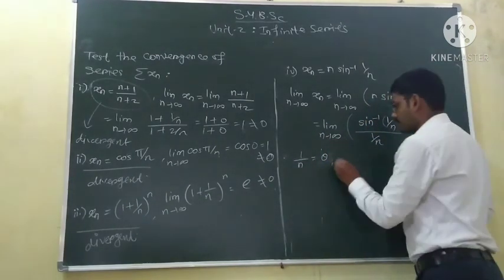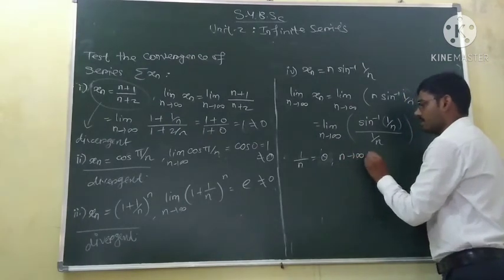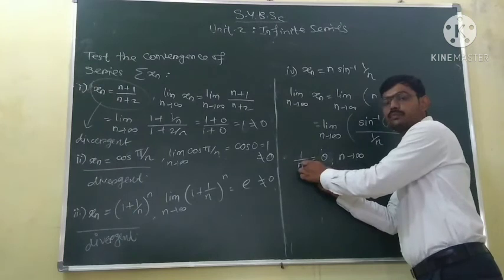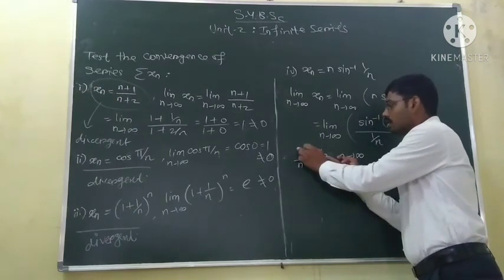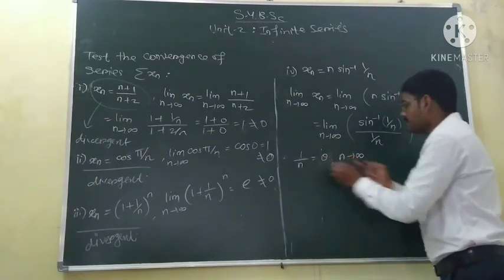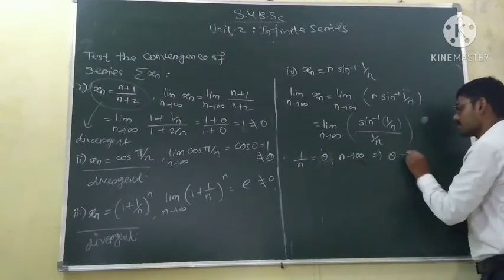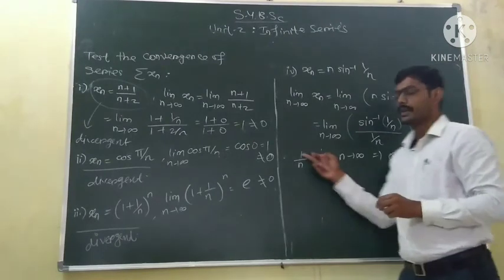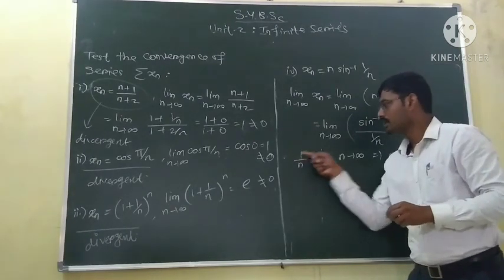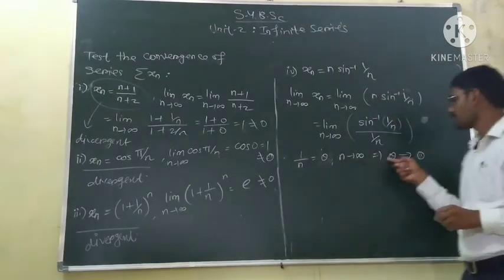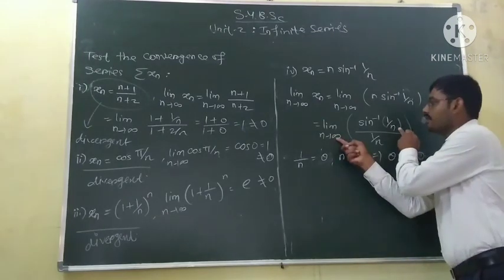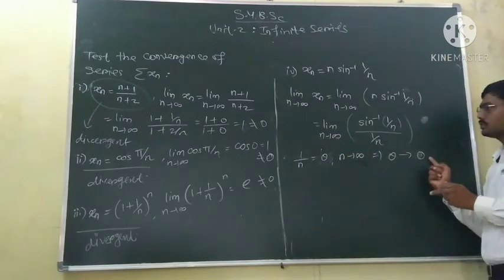So as n tends to infinity, 1 by n tends to 0, but 1 by n is equal to theta. So this implies theta tends to 0. As n tends to infinity, 1 by n tends to 0, but theta is equal to 1 by n, so theta tends to 0. So replace 1 by n by theta, and the limit as n tends to infinity by the limit as theta tends to 0.